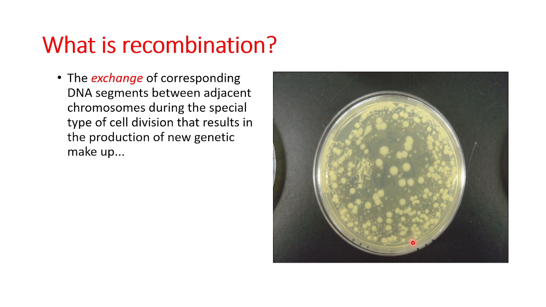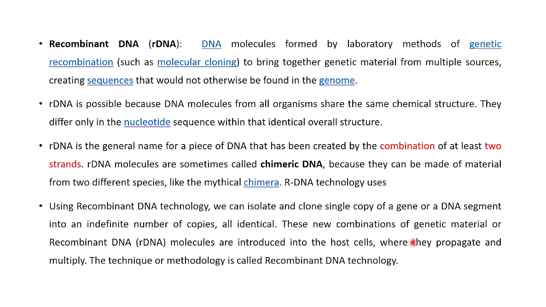So between the adjacent chromosomes during the special type of cell division, that is going to produce a new genetic makeup or a new genetic gene product. So that is actually recombination. So it is changing the large DNA sequence, whereas a mutation is for a very small nucleotide or a very small gene change.